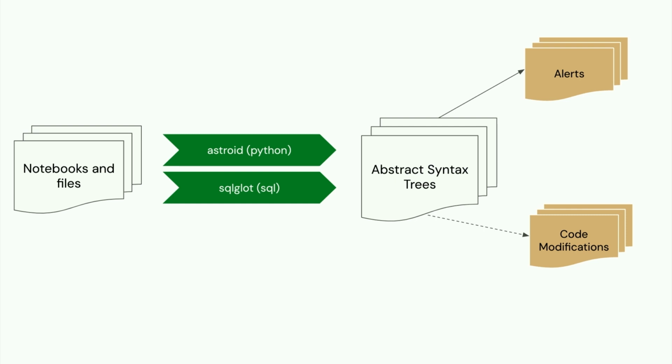Then we generate alerts, and later we will do code modification suggestions. We'll try to expose that information in a nice way to you, either as a dashboard or perhaps as hints within notebooks. But stay tuned. It takes a while to get those things in, and we may or may not be able to do that. So stay tuned with the announcements for UCX.